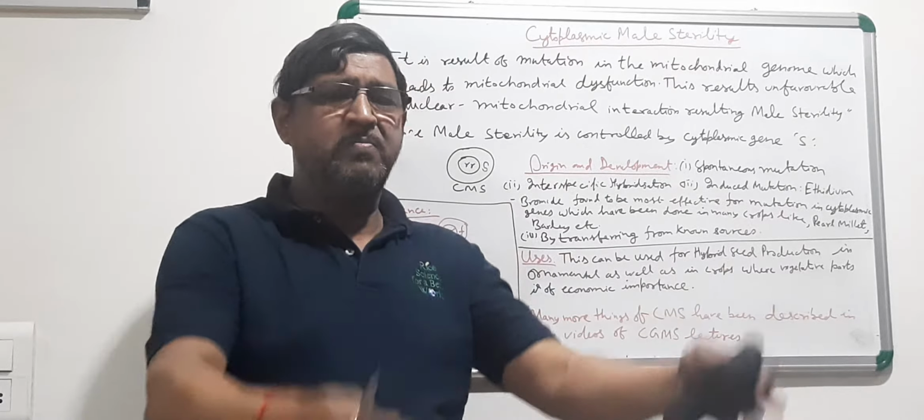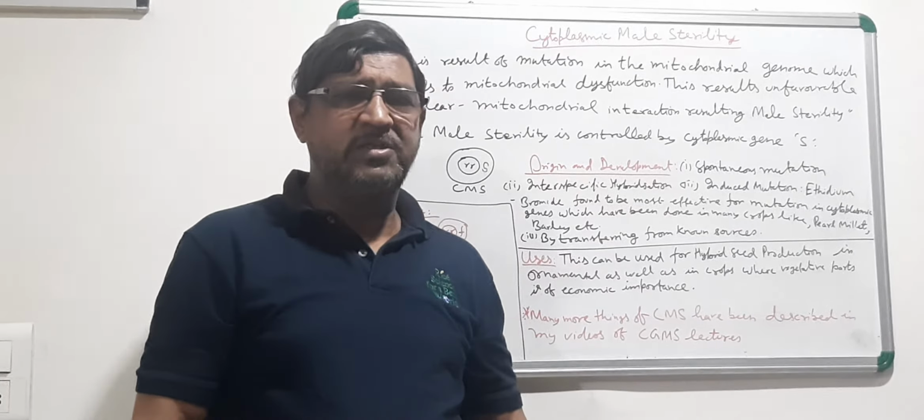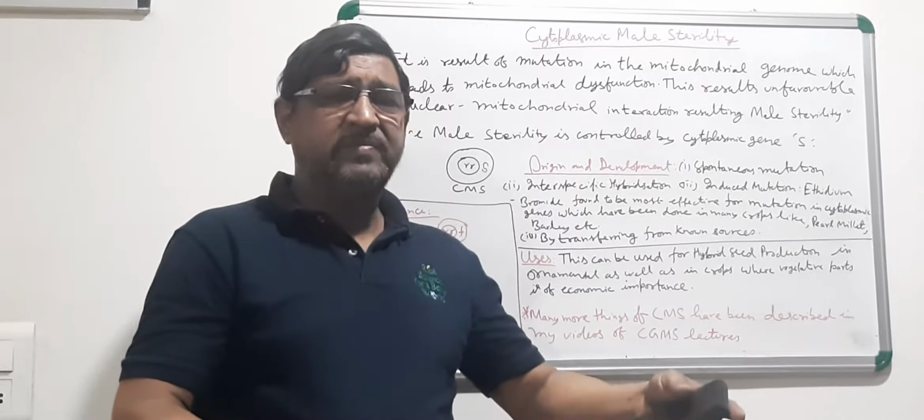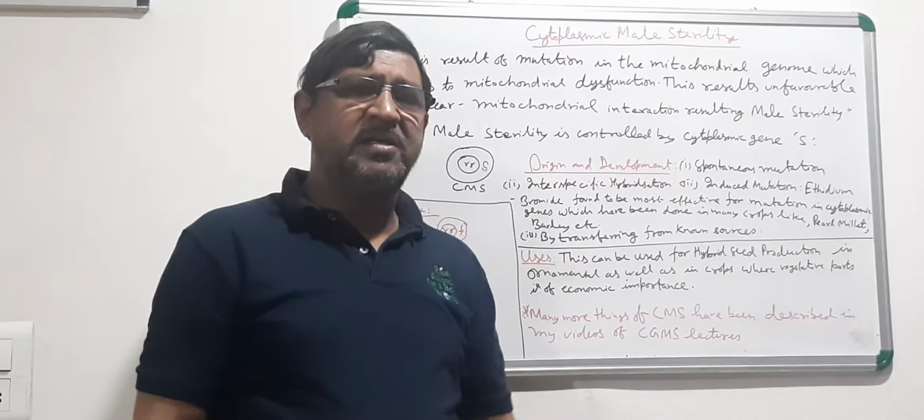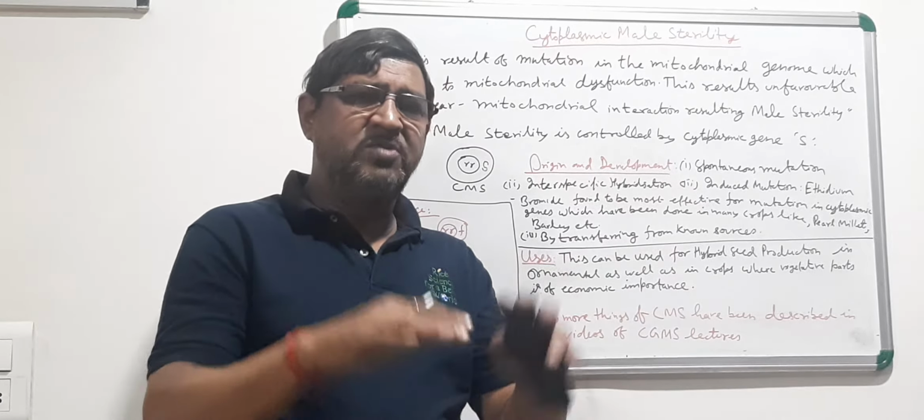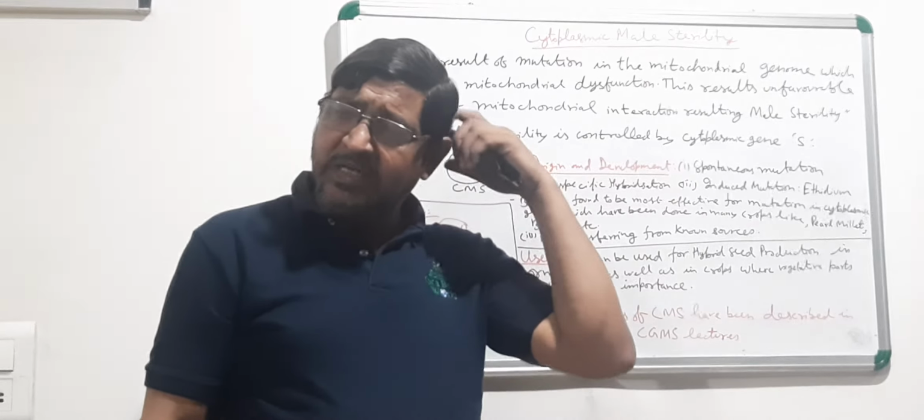You spray the chemicals on one parent, which will become male sterile, and the other parent you do not spray with CHAs, so it will be normal. Whatever pollen grains come from the normal variety will pollinate and fertilize the male sterile plants created by CHAs, and whatever seed you get is the hybrid seed.